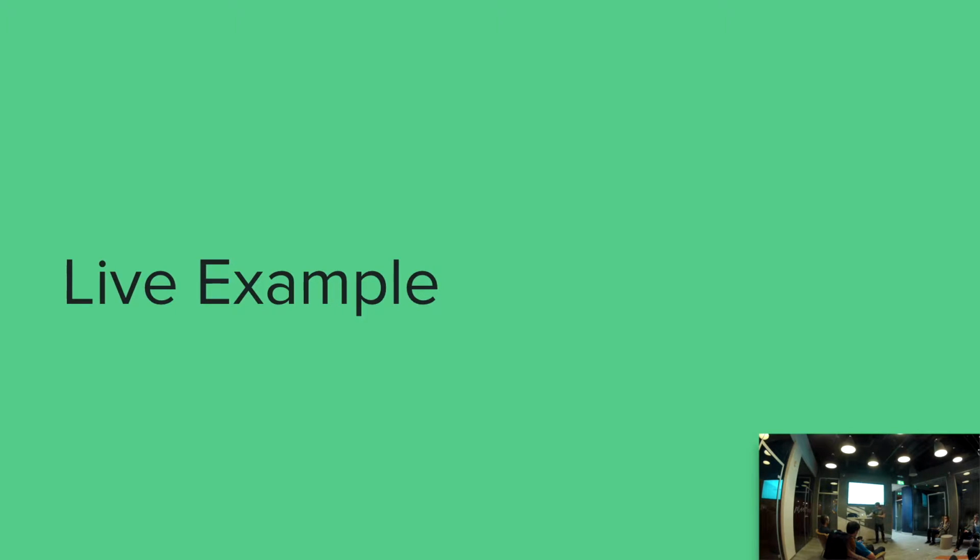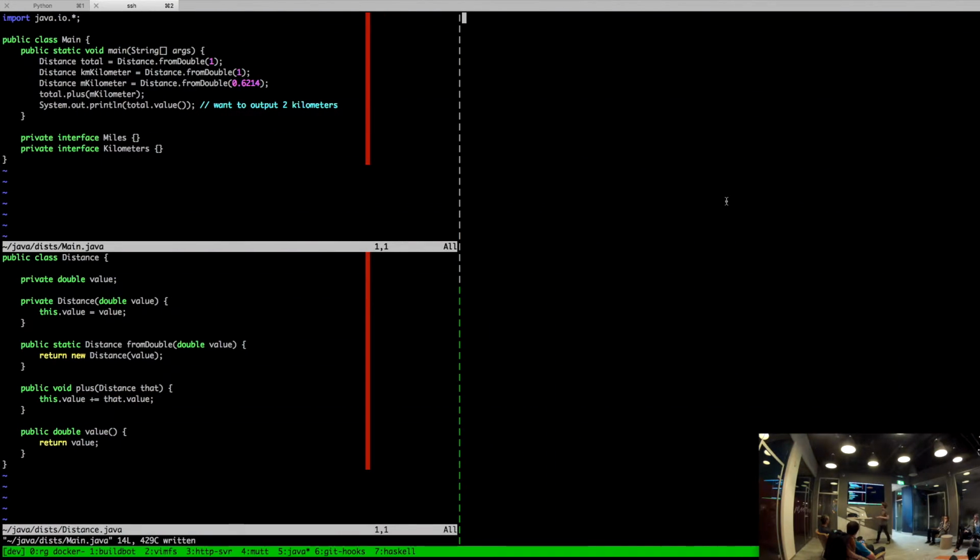So I'm going to do a live example with the code I just showed. Here is a main class where we have a distance. First, I actually don't have any generic types in the distance class, and I'll add them in a second. I should probably go through the distance class first.